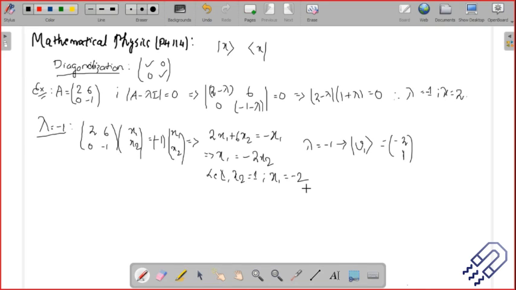Let me find it out for lambda 2. I've not done the calculation, that's why I'm doing it now. Check it once, and do tell me if there is something wrong.